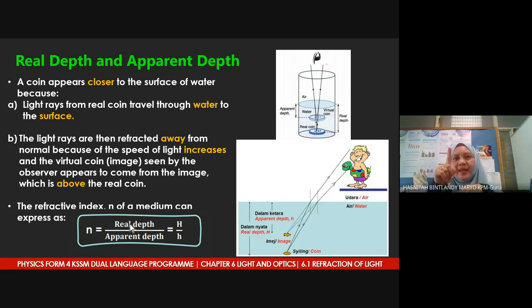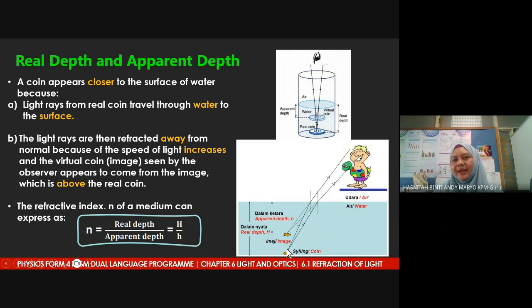So there are three ways to determine refractive index. I repeat: first, n equals c over v. Second, n is sine i over sine r. And third, n equals real depth over apparent depth. So this is the second diagram involving refraction of light with real depth and apparent depth. We put a shielding there on the bed of the pool.